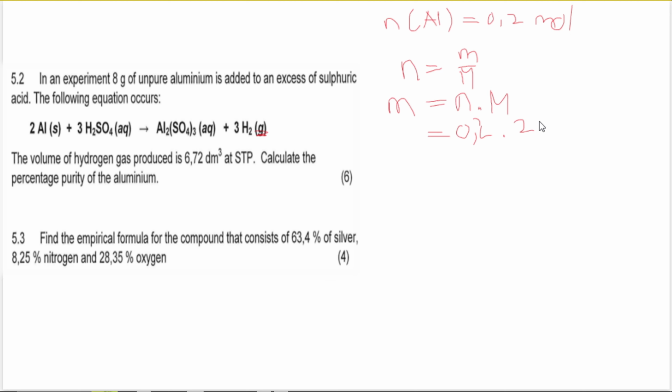So remember 27, and just put that in the calculator. Okay, so mass equals 0.2 times 27, and that equals 5,4.